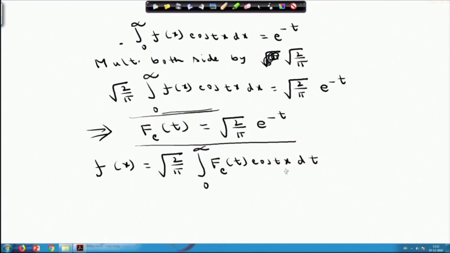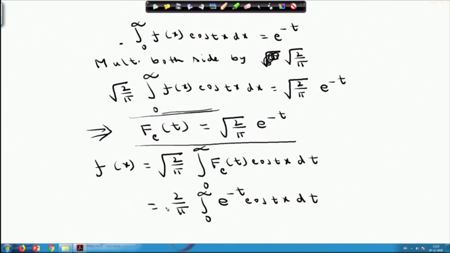So, I know what is the Fourier cosine transform of this. If I substitute the value of F_c(t) equals root over 2 by pi e power minus t, then f(x) will be reduced to 2 by pi integral 0 to infinity e power minus t into cos(tx) dt.